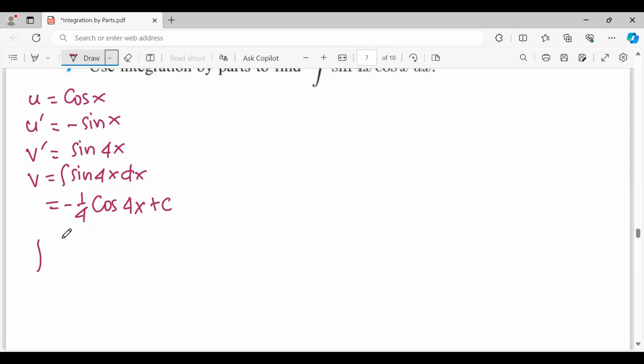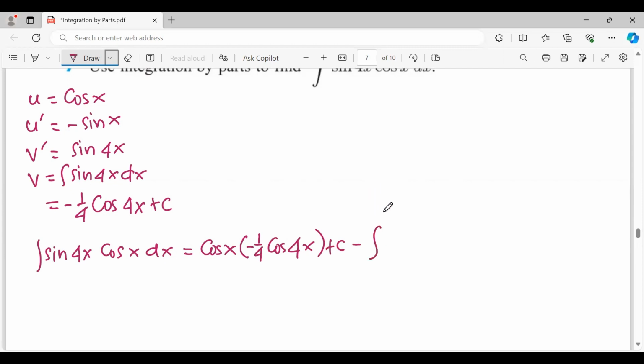So it means integral sine 4x cosine x dx, based on the formula, is u times v: cosine x times minus a quarter cosine 4x plus c, minus integral v, minus a quarter cosine 4x, times derivative u, minus sine x dx.